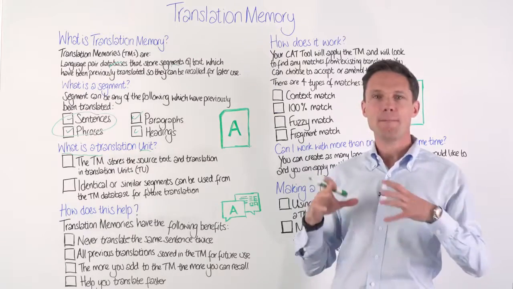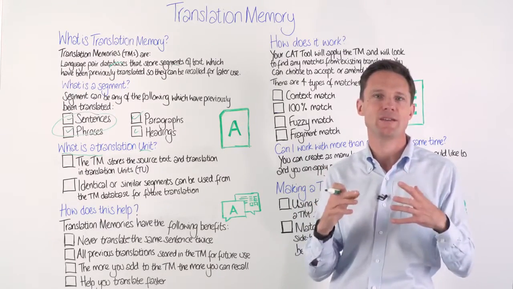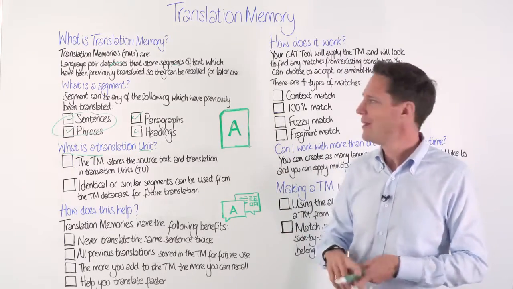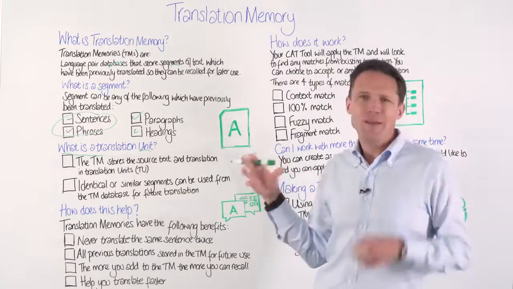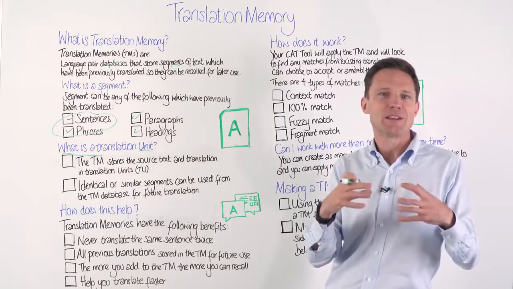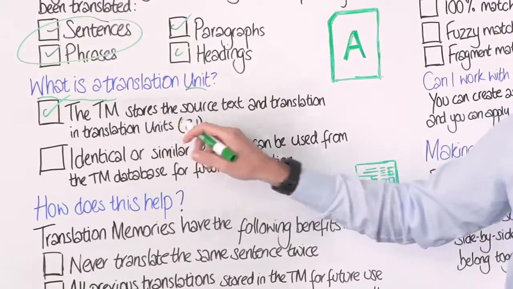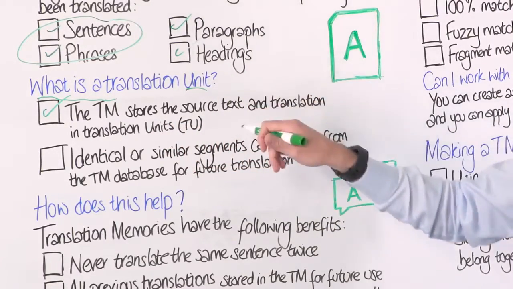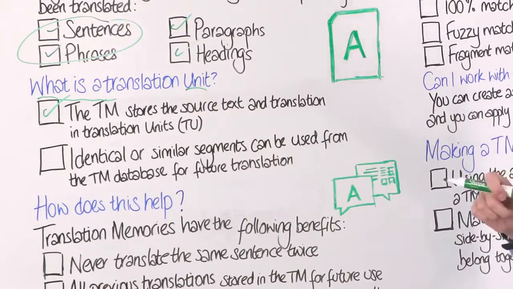The second piece is, what is a translation unit? A translation memory is made up of translation units, and sometimes people call this a TU, translation unit. So what's a translation unit? In essence, it is the building block of a translation memory. The translation memory stores the source text, what you've got to translate, and the translation of that sentence.